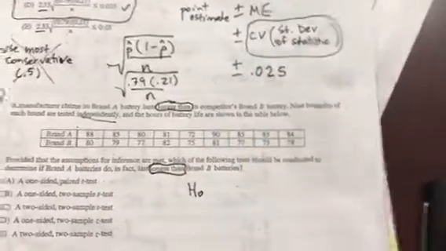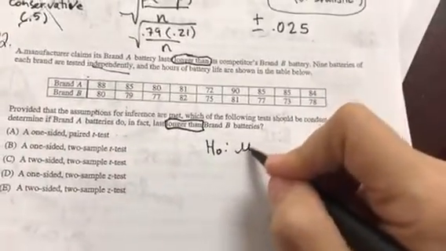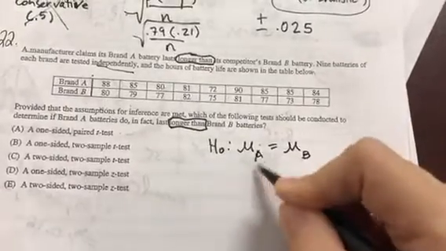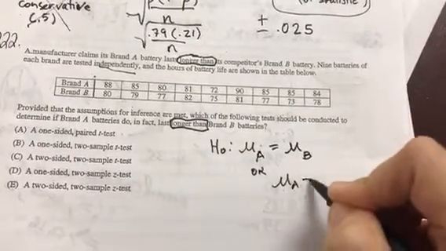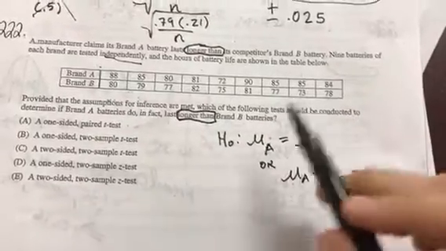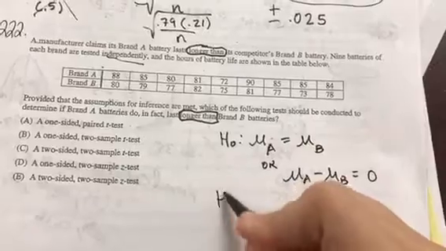So what they're asking us to think about here is H sub 0: we assume that the average life of battery A is the same as B. Or we could have shown this as mu A minus mu B, that there is no difference between the two.